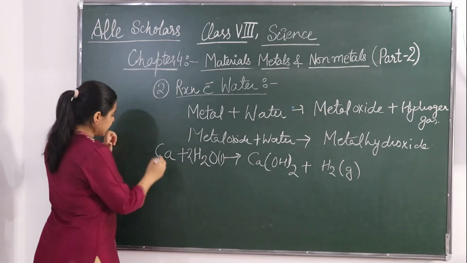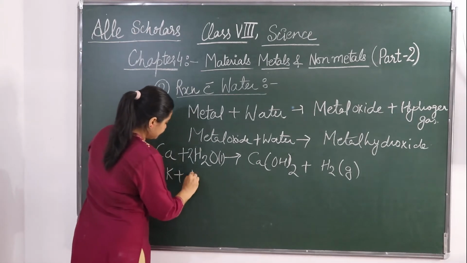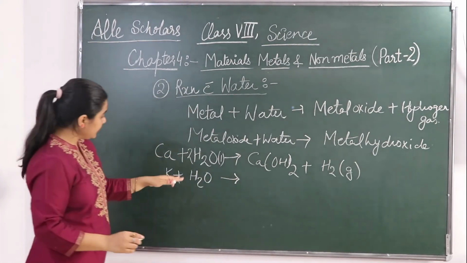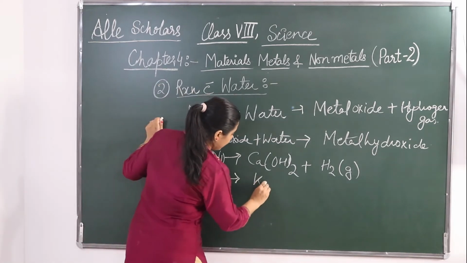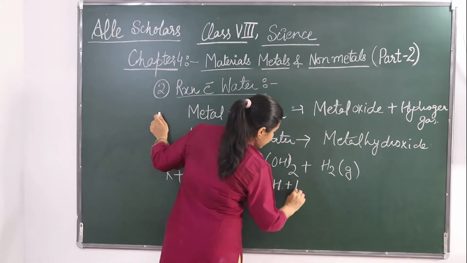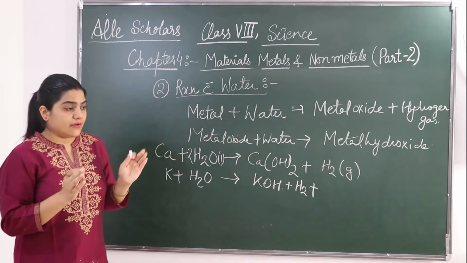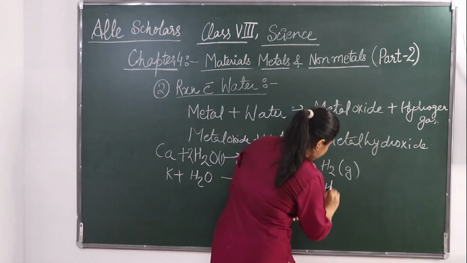Let's see the reaction of potassium plus water. What is formed when potassium reacts with water? KOH, and hydrogen gas is released, and the reaction is, as I have already told you, exothermic, which means heat energy is released.